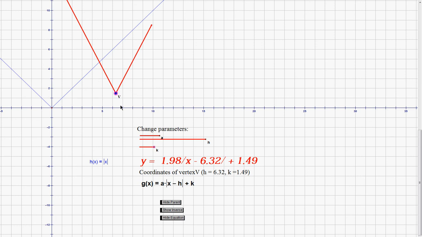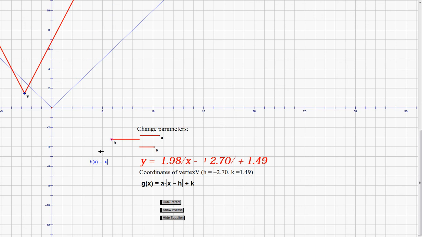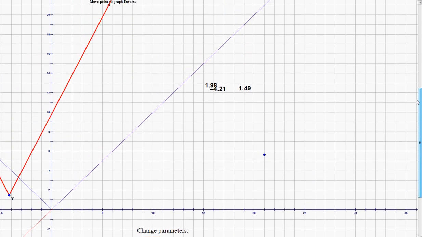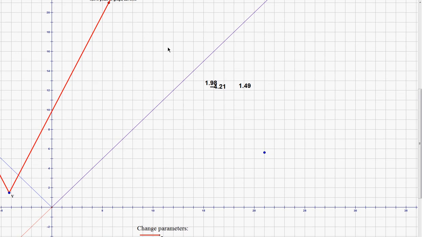And of course you will be able to see how the inverse relation will look. So here is my line of symmetry, and here is my point on the graph.